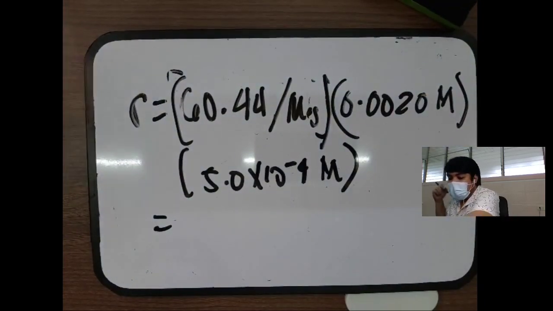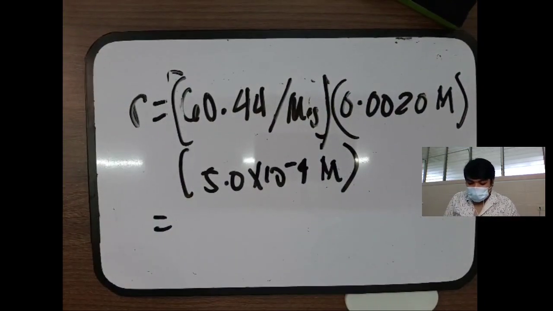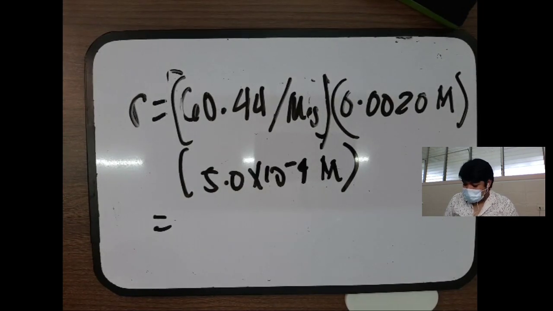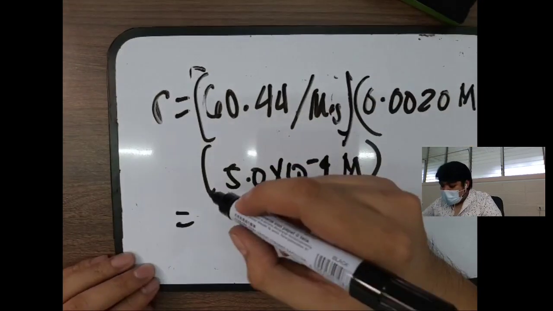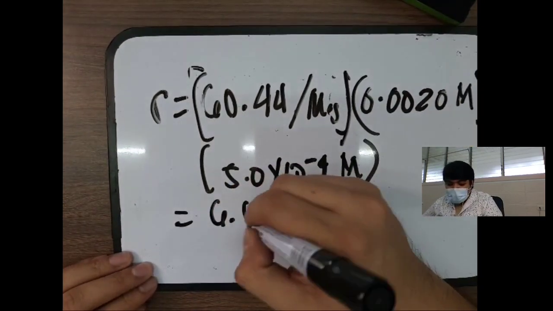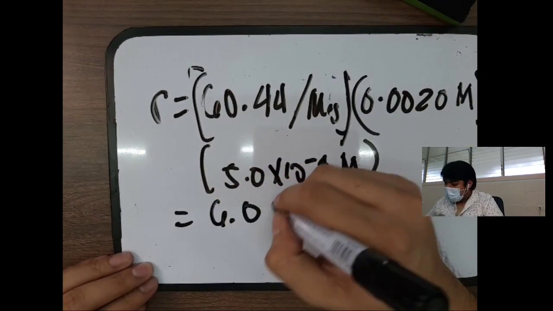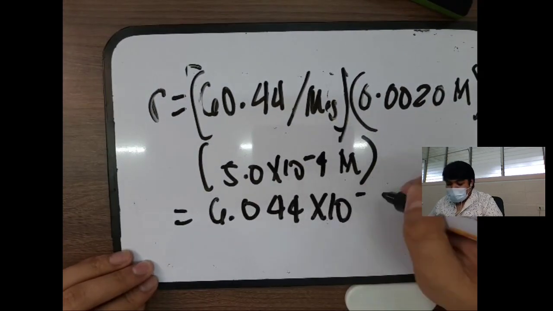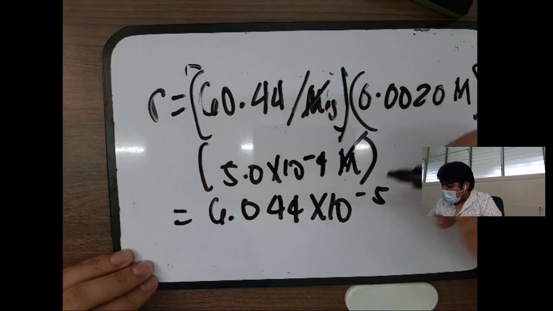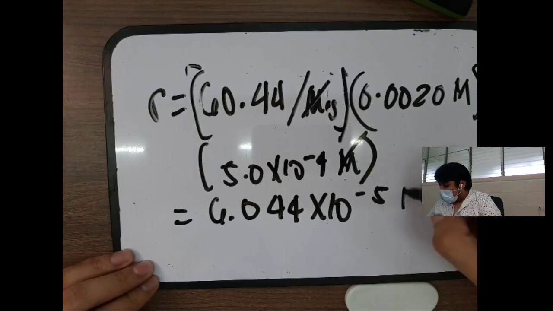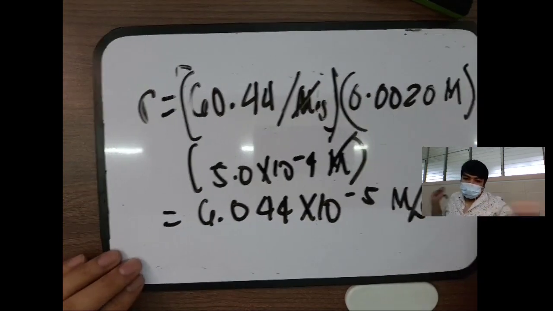So the answer is, the rate will therefore be 6.044 times 10 to the negative 5. We'll cancel this out. Molar per second. Okay.